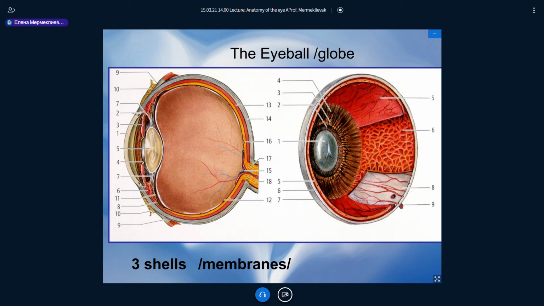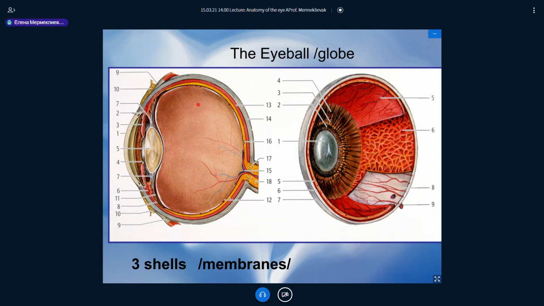And the most important part is the eyeball. It has three shells or membranes. The first one is the cornea that goes to the sclera. The second part is the uvea: the choroid, and after that the ciliary body and the iris. And the inner part is the retina.